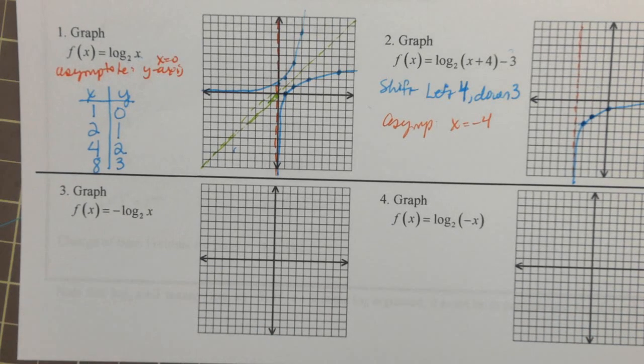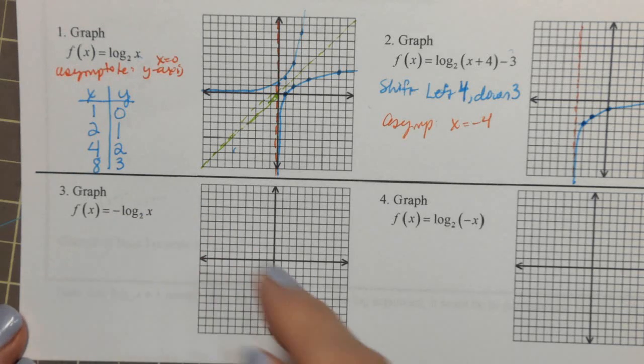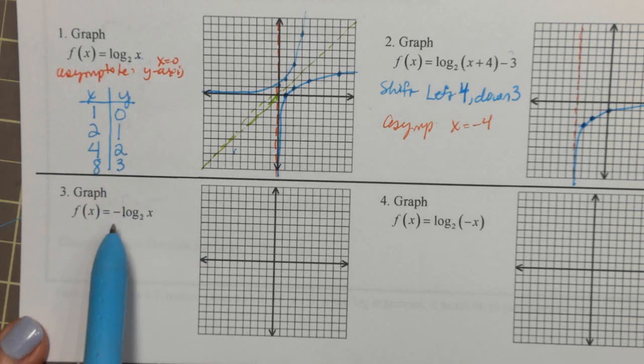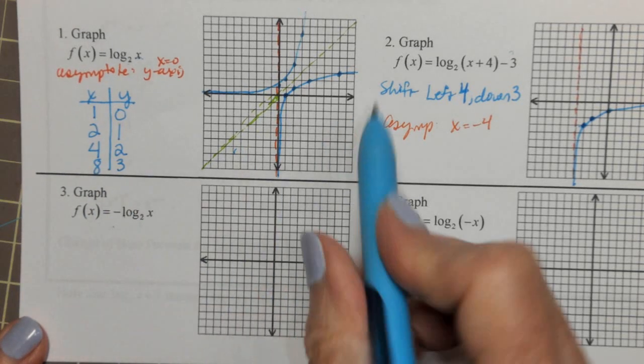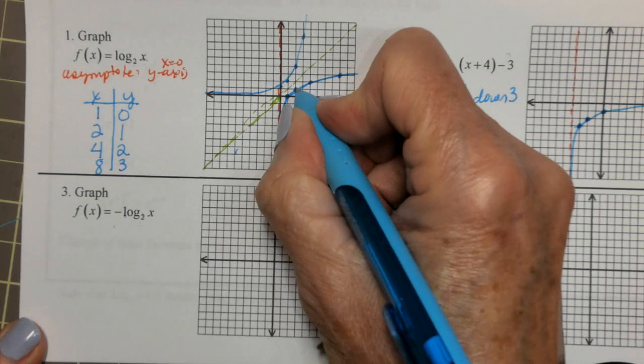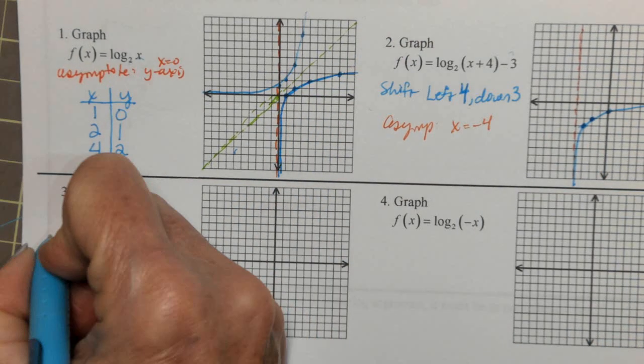What will this do to the curve? Okay, how does this relate? Well, a negative will reflect our log curve over the x-axis.